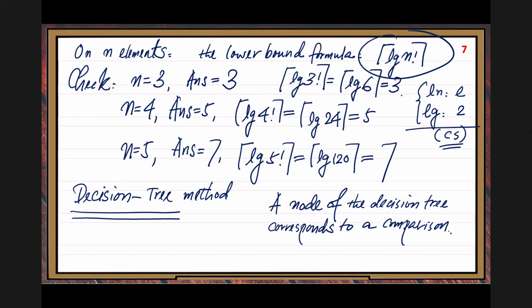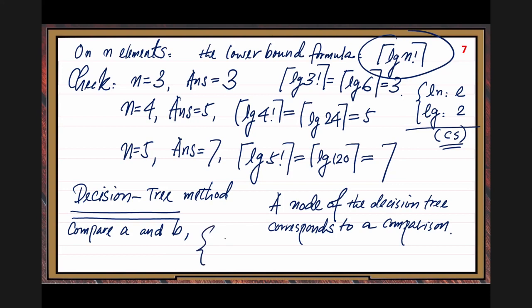When we compare A and B, we want to categorize the results into two categories, not three, because we want to draw binary trees.